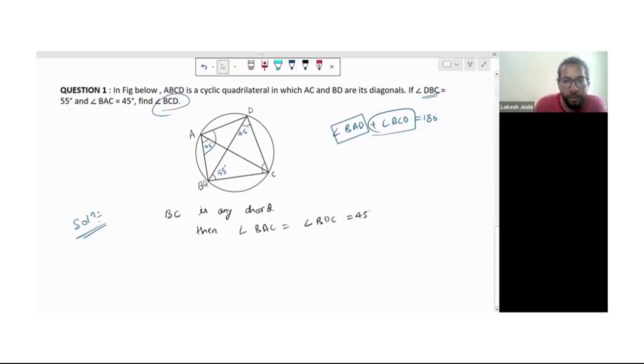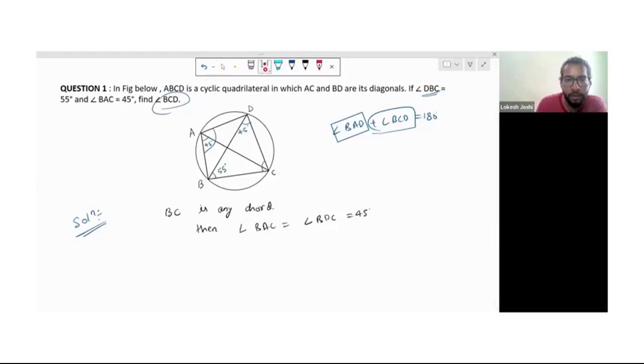Now look at the chord CD, this one. CD is also a chord. So the angles subtended by the chord CD, which are angle CAD and angle DBC, both should be equal.